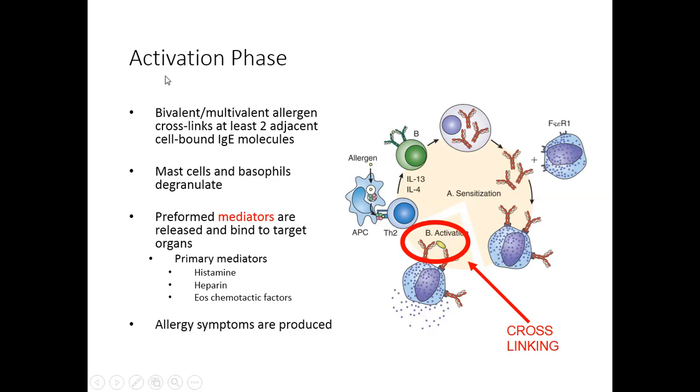So what happens in the activation phase? A bivalent or a multivalent allergen. Remember we talked a few weeks ago about valency, and bivalent and multivalent just means that there are multiple binding sites, multiple epitopes on the allergen, right? At least 2 epitopes, and multi is many epitopes.